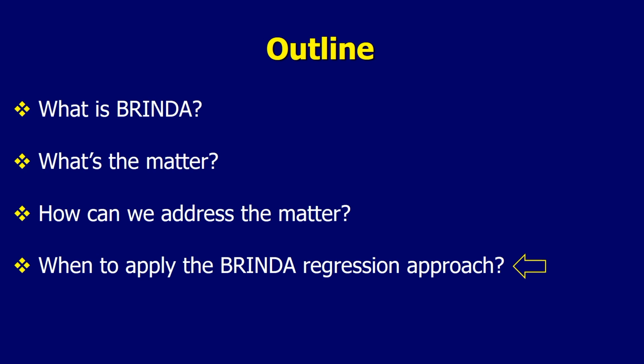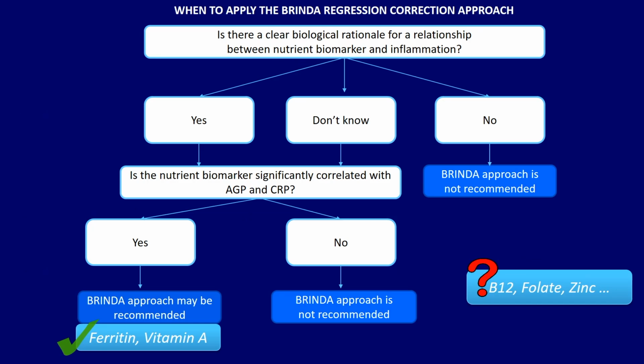Finally, let's briefly talk about when we should apply the BRINDA regression approach. When deciding if there is a rationale to apply this approach, we first ask two basic questions. Is there a clear biological rationale for the relationship between the nutrient biomarker and inflammation? If the answer is no, then clearly the BRINDA regression approach is not needed.